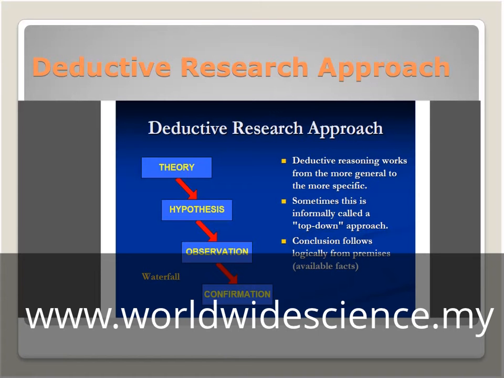And then you confirm the observation and come to a conclusion. It means that from the general thing, the theory, you narrow down to the conclusion. If your research process is like this, that you come from the general to the specific, it means that the approach of your research is deductive.